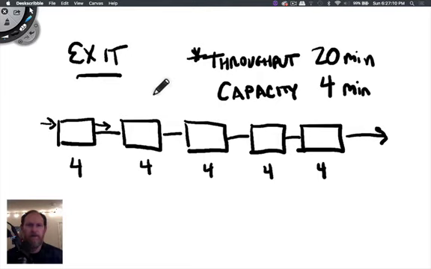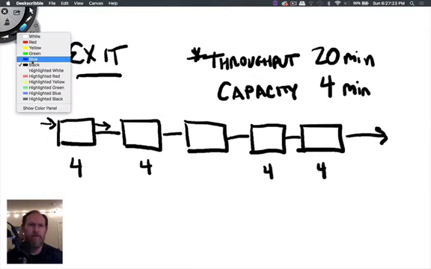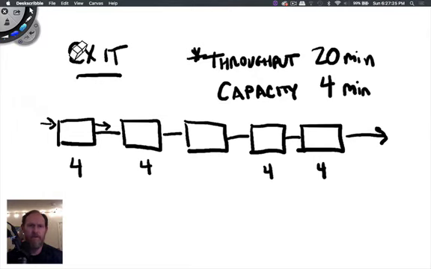The problem occurs when one of these does not equal the other, which is actually very common. So we might have an instance in which this station takes 6 minutes. And the short of it is that this would become what's called a bottleneck.